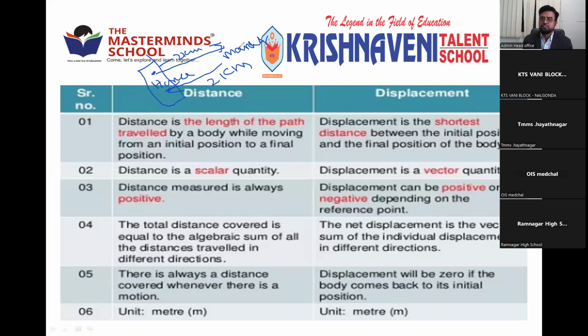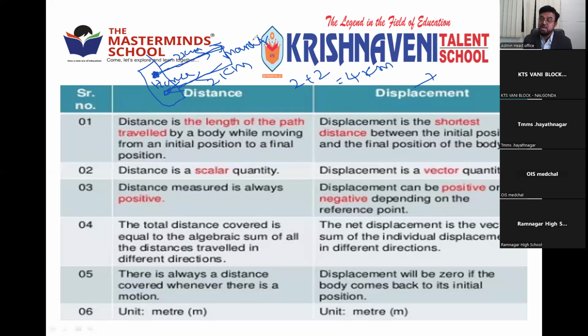In this case, what is the total length covered, 2 kilometers and 2 kilometers, both? So distance is 2 kilometers plus 2 kilometers, that is 4 kilometers. That is distance. But what about displacement? The initial position and final position are the same, and the direction is opposite, so 2 minus 2.